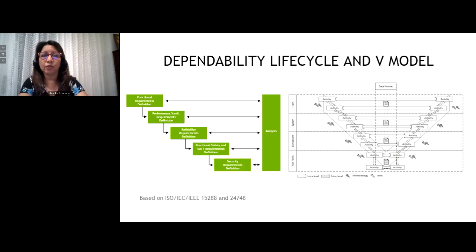And so last year, the working group in June published a white paper, and in this white paper, we introduced the notion of a dependability life cycle, and we also talked about how the P2851 dependability life cycle leverages the V model.